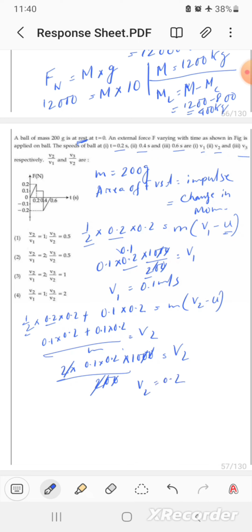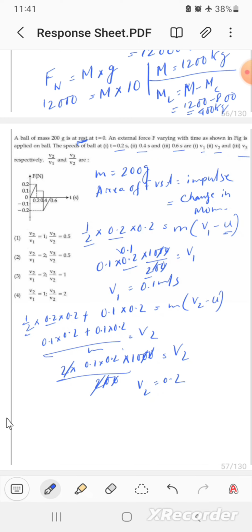And finally we have to find out v3. Again we have to consider the third portion, and you can see in the third portion the force is in the negative direction, so we are having negative force here. So the total area of the first triangle, then the rectangle, and also this triangle, will give the negative area.